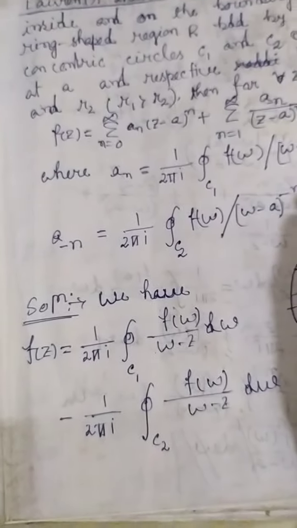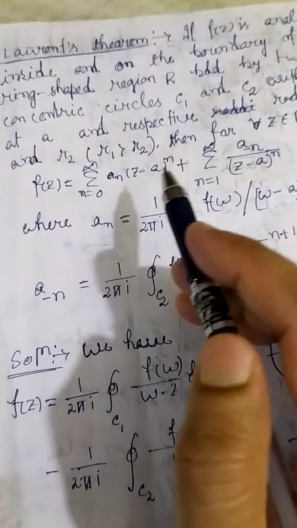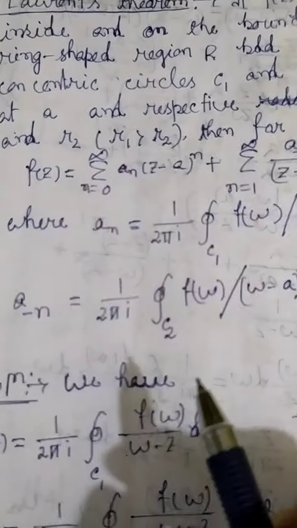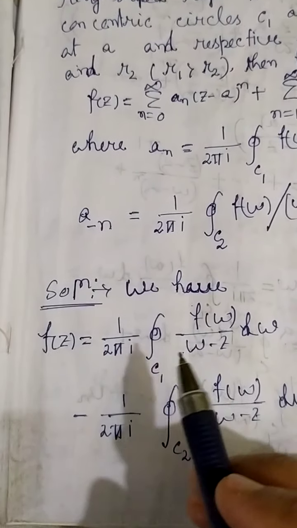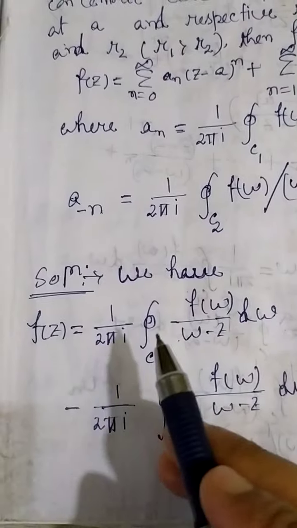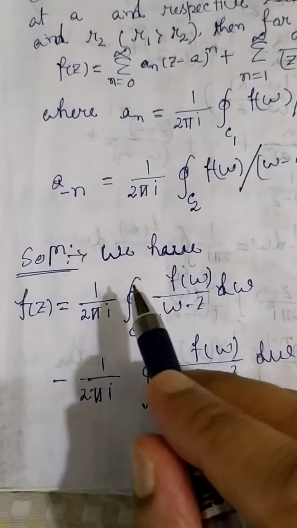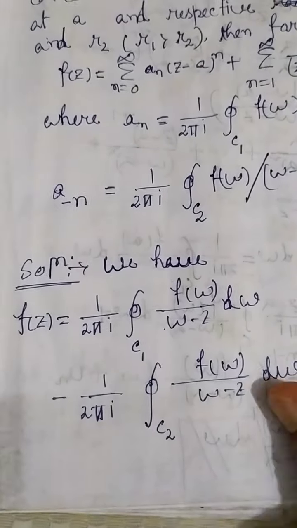So we have to establish that f(z) can be written in this way. It is obvious that f(z) is given by the integral along C1 and the integral along C2.